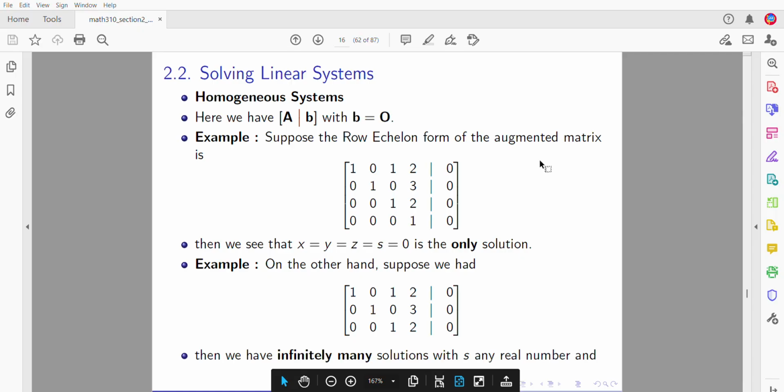You have infinitely many solutions. s can be any real number, and you get z equals negative 2s, y equals negative 3s, that was a typo, it should be an s. x equals negative z minus 2s, z in turn is negative 2s, so x has to be 0. Check what I'm saying here. If it's not clear, ask me in class.